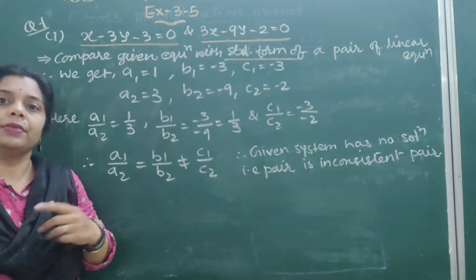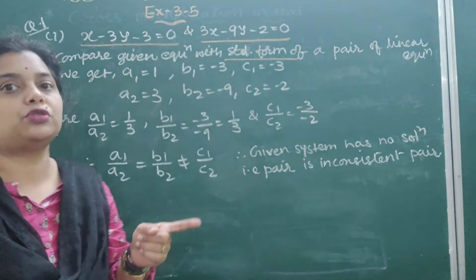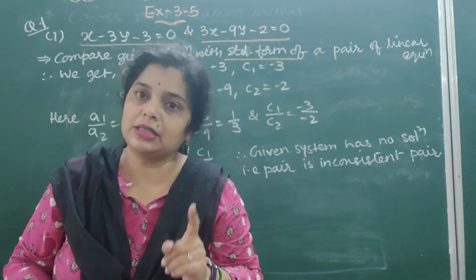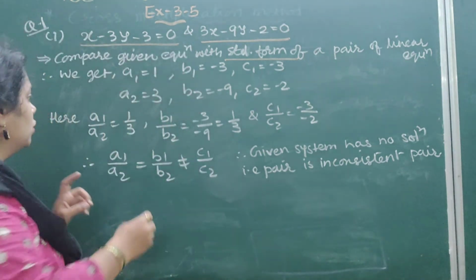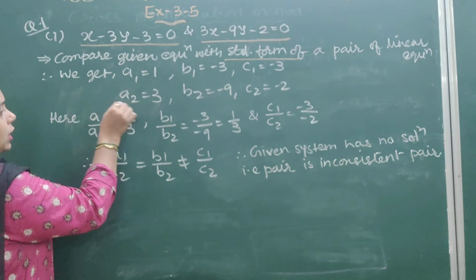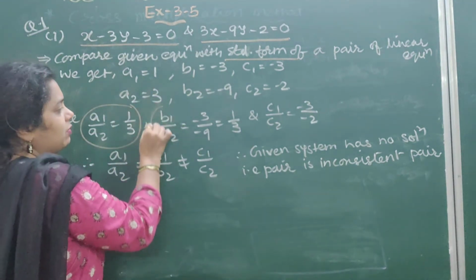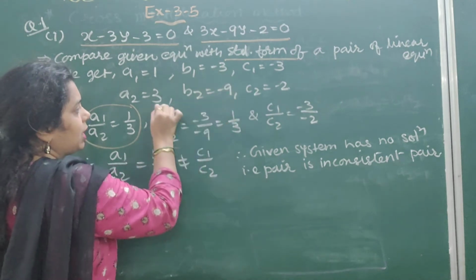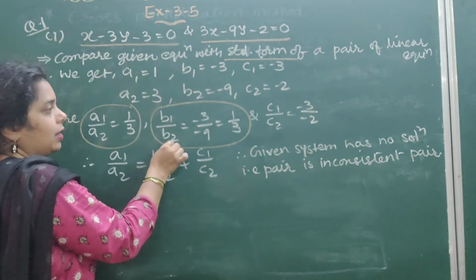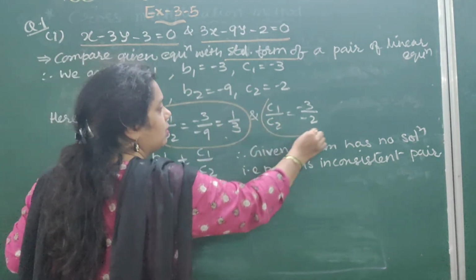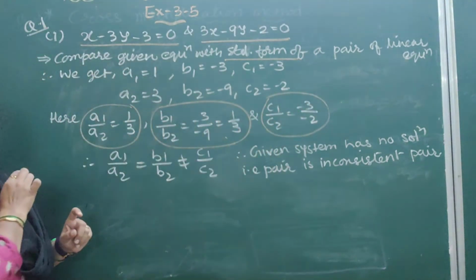Is it clear? Now we have to check the ratios A1 by A2, B1 by B2 and C1 by C2. A1 by A2 is 1 by 3. B1 by B2, minus 3 by minus 9, is also 1 by 3. And C1 by C2 is minus 3 by minus 2.